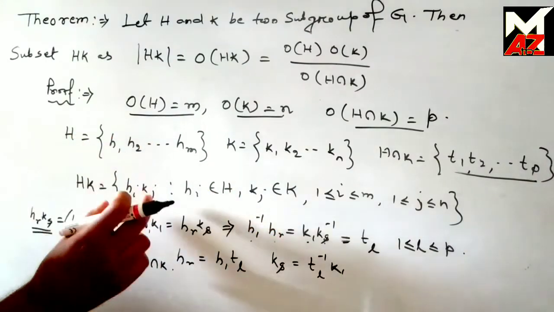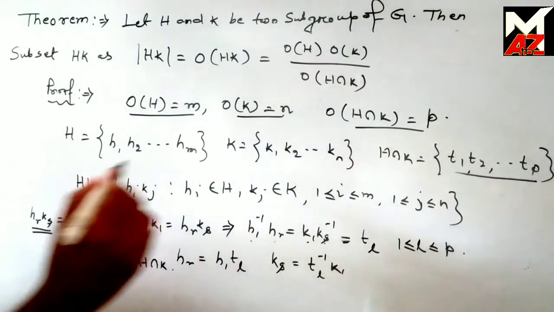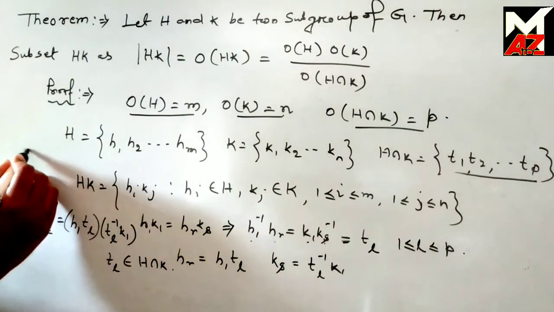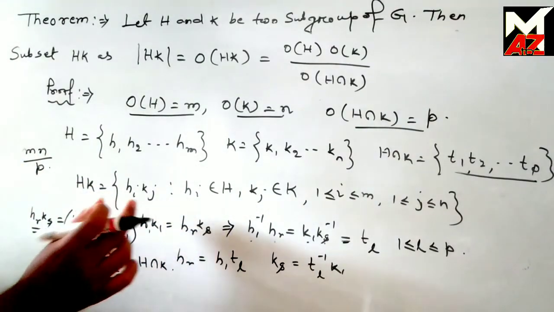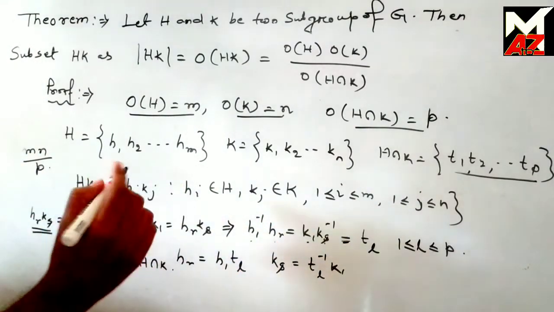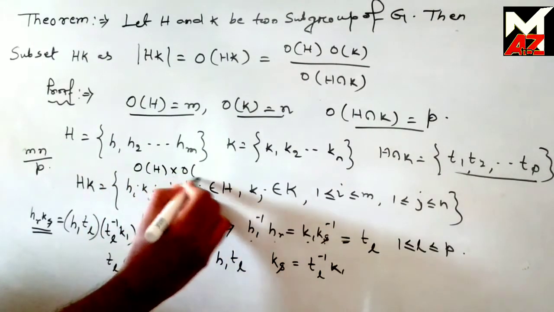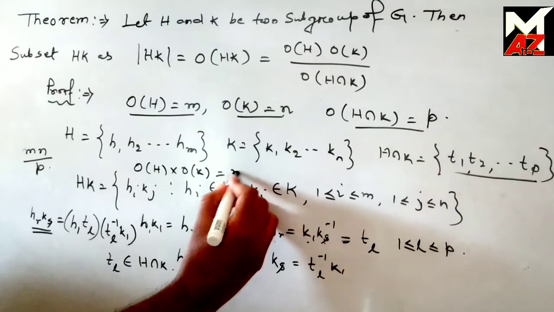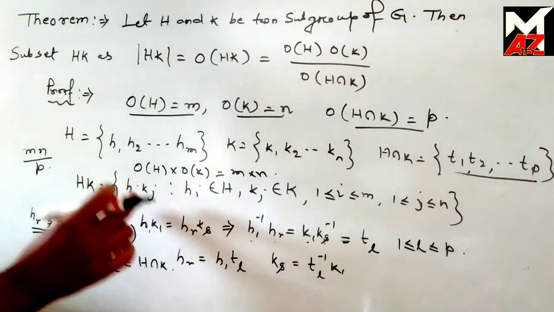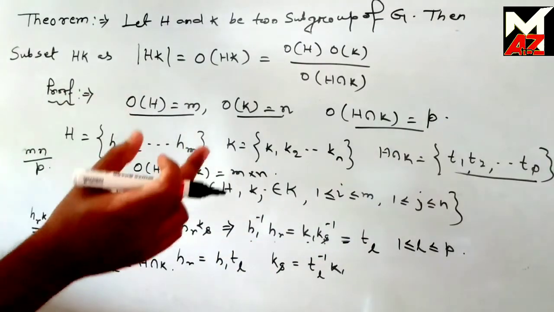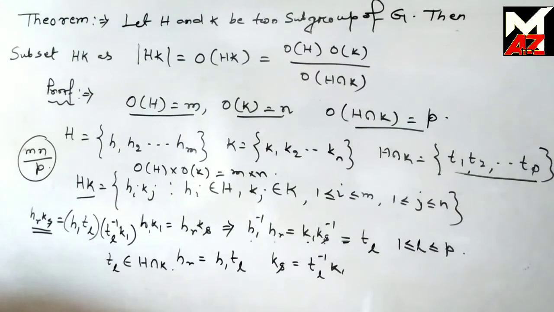So the number of distinct elements in this list is given by mn by p. Because if all the elements are distinct, then the number of elements is order of H into order of K, and this is m into n. Since one element appears p times, the number of distinct elements here is given by this result.